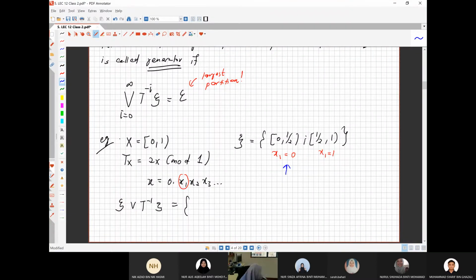What do you have? Actually, we divide each 0.5 segment again into two. So you will get 0 to 1 over 4, and another one, 1 over 4 to 2 over 4.